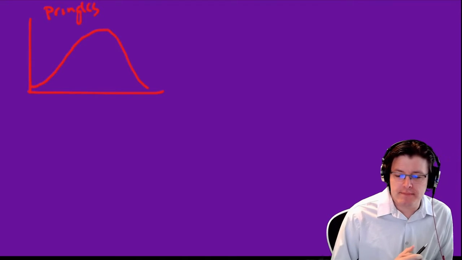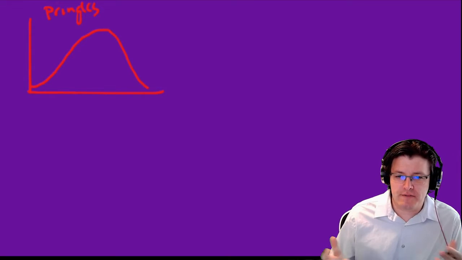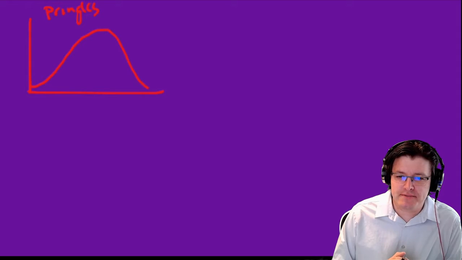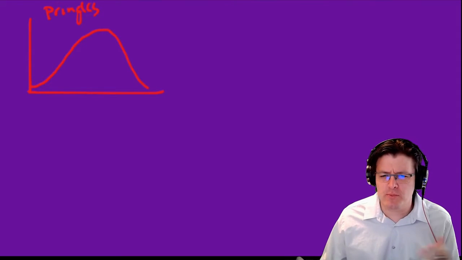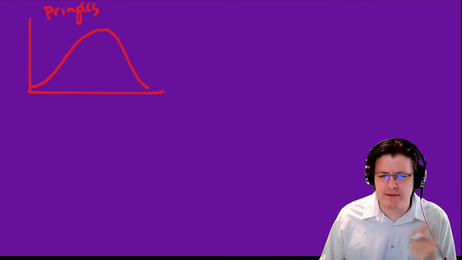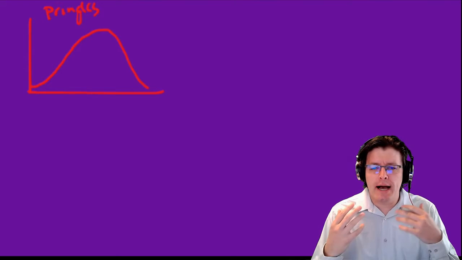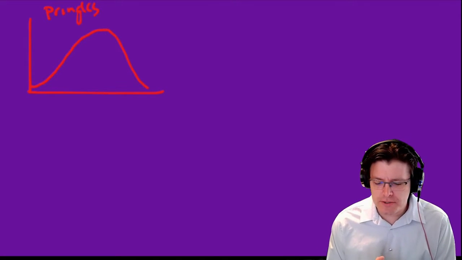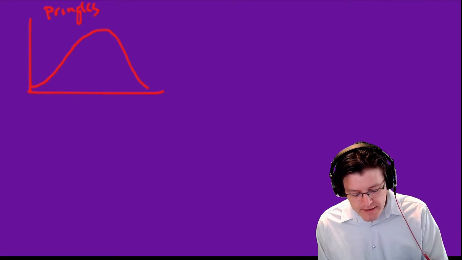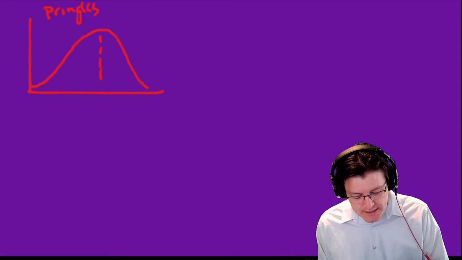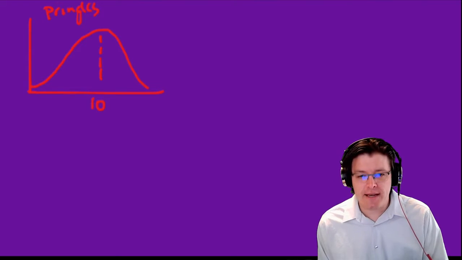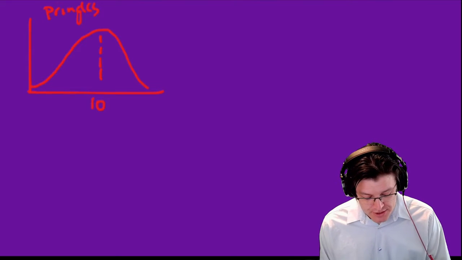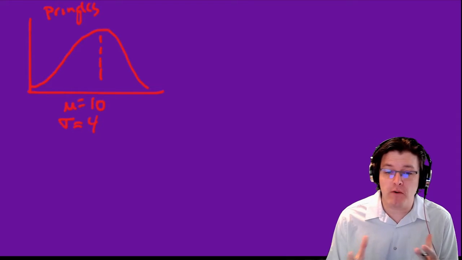What's the old jingle? I don't know if Pringles are still advertised, but it was once you pop, you can't stop. You keep eating them, and so it's pretty unlikely that somebody eats only 1 or only 2 Pringles. What typically happens is maybe there's a mean of 10 and, making up these values, a standard deviation of 4.